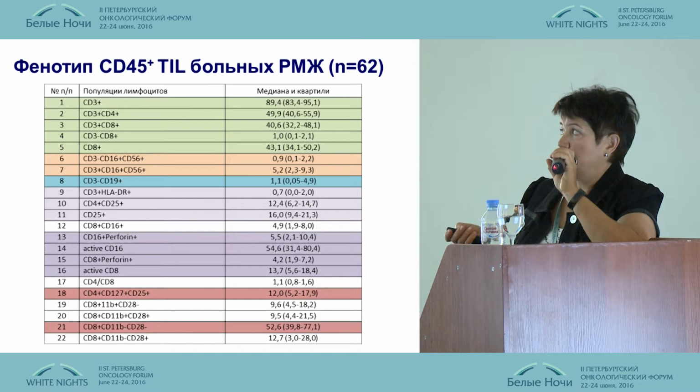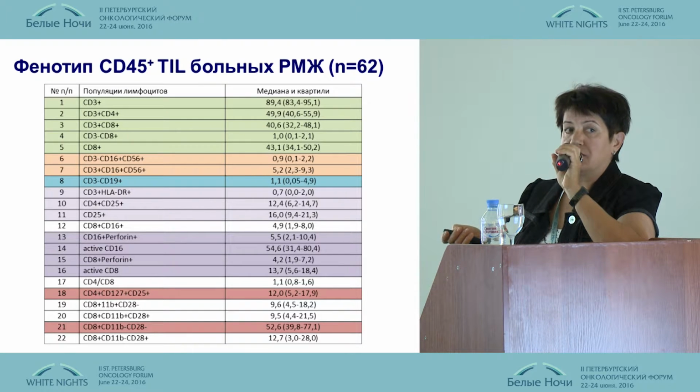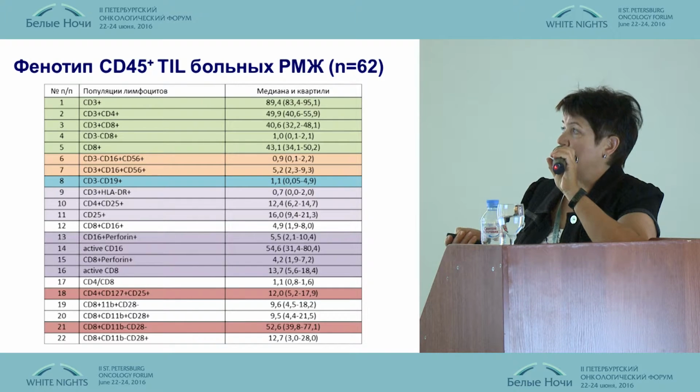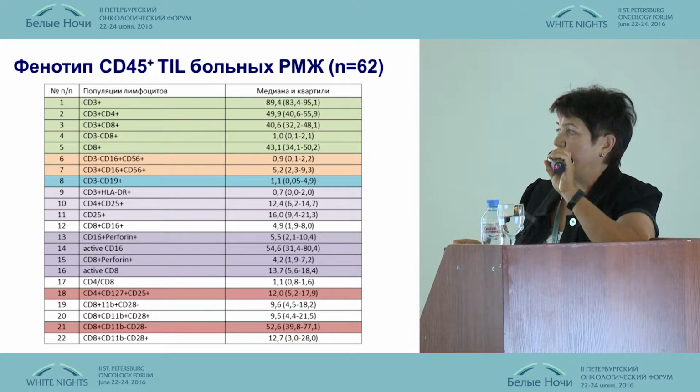Non-specific effector CD8 cells are almost absent, which makes it different from what we had in peripheral blood. Low NK lymphocytes, but NKT is higher, B lymphocytes low, no activated T cells, but CD4 lymphocytes are present, activated.